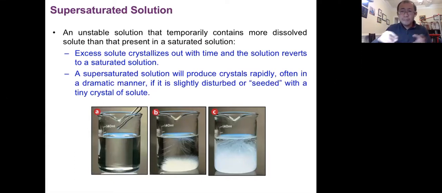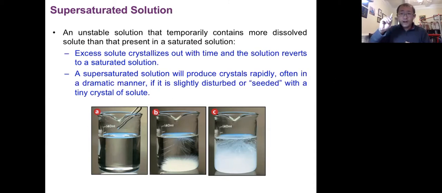Sometimes, maybe we do some trick, a solution may be able to hold more than it could hold. If that's the case, we have a solution called supersaturated solution. Supersaturated means you eat more than you could eat. But that's not permanent, that's temporary.